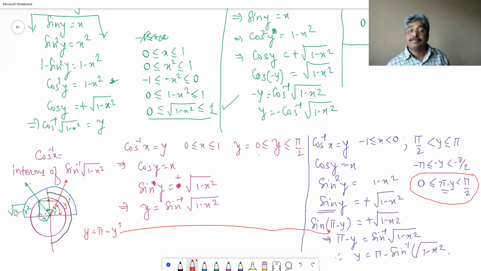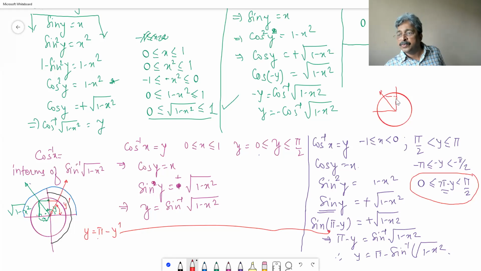Yes, any doubt? Sir, why are we taking the positive root of 1 minus x square for sine? I understood exactly. Yes, because here what is the value of y? y is between what? Pi by 2 to pi. Right. So sine of y if we take, then it will be positive. Pure trigonometry. Between pi by 2 to pi, the terminal ray is somewhere here, and therefore the value of sine is going to be positive.